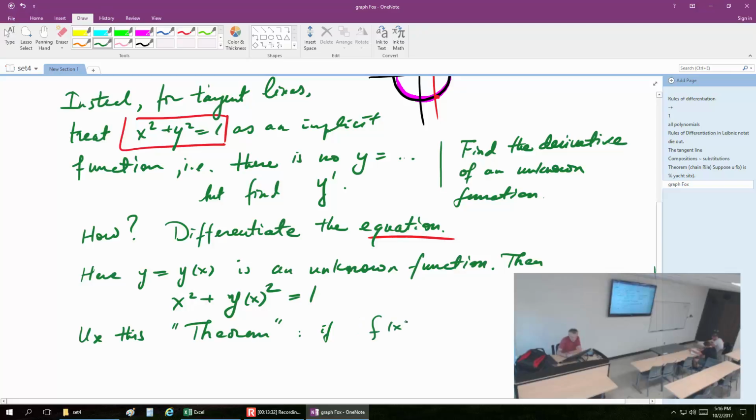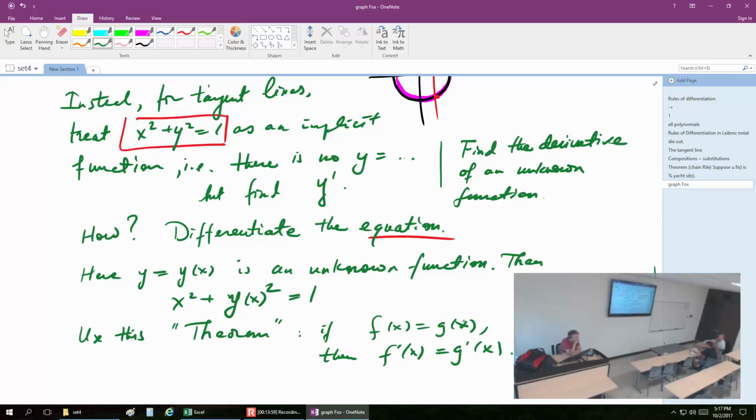Say, if f of x is equal to g of x, then f prime of x is equal to g prime of x. So you see how the meaning of this theorem seems so obvious once you get used to this stuff. Sometimes it never comes up, but sometimes it's a hurdle to understand the meaning of that.